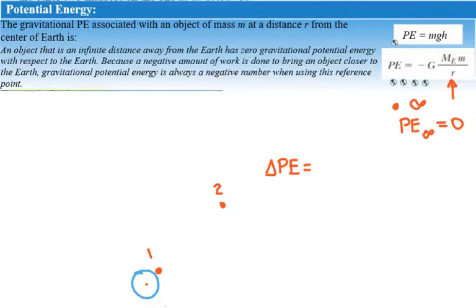So I have the final, I'm going to call it big R, and point 1, let me do it a little bit farther away so it makes sense.